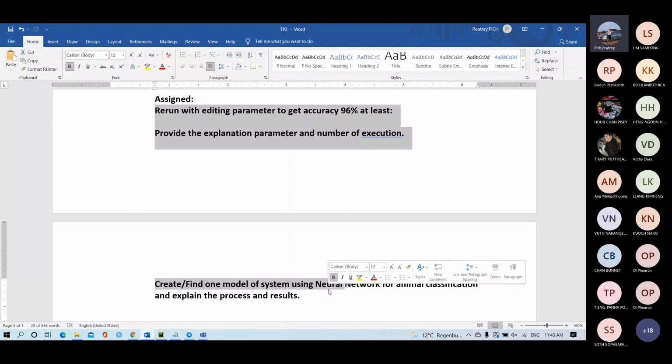So for our assignments, I will create one assignment where you have to rerun and edit the parameter to get the accuracy.